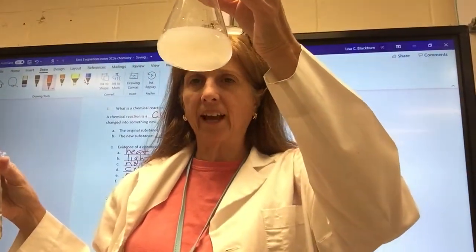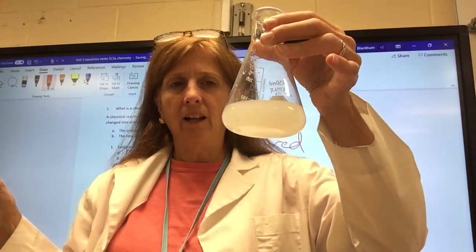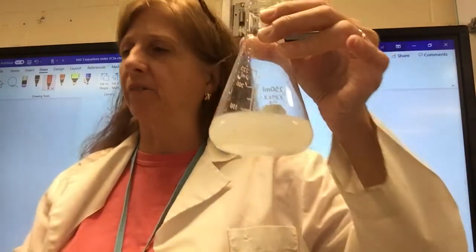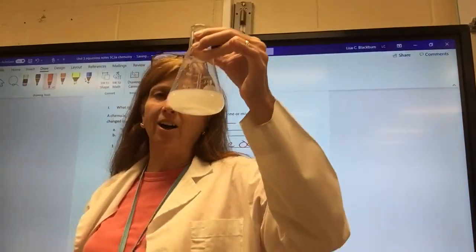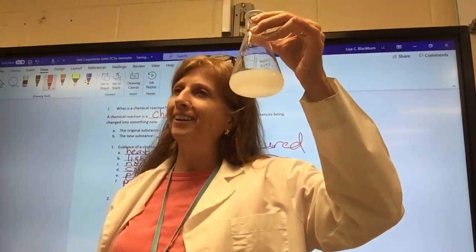Woo. See how it got cloudy? Also notice that the cloud is suspended throughout. Now, if we let it sit, it would eventually come out. This little experiment is called cloud in a bottle.